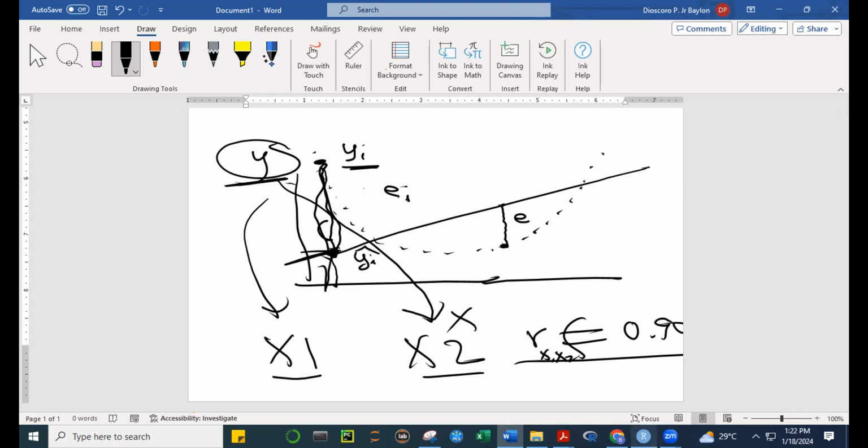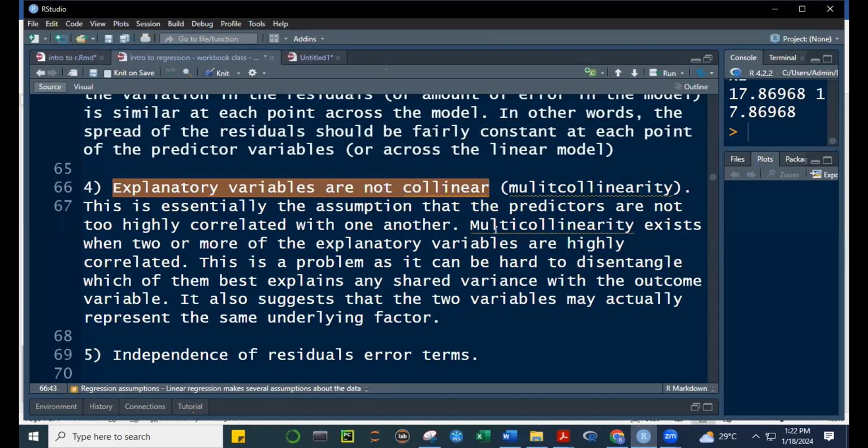One assumption of the classical linear regression model is that the explanatory variables should not be linearly related. And this phenomenon is called multicollinearity. If the independent variables are highly correlated, then multicollinear sila. Predictors should not be too highly correlated with one another.